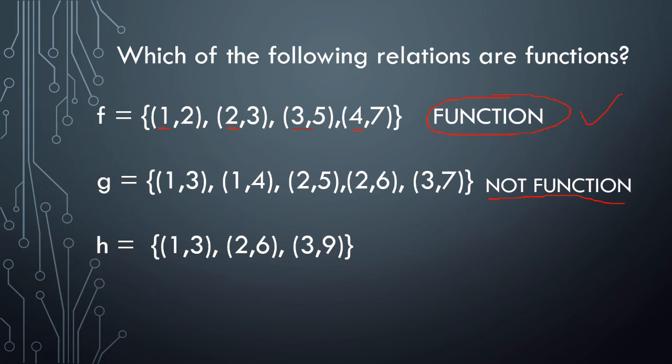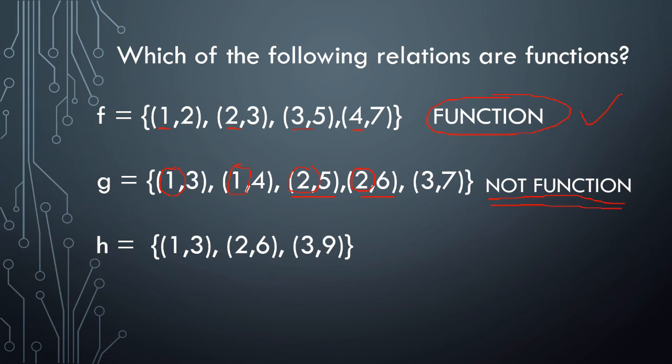The ordered pairs (1, 3) and (1, 4) have the same x value, 1. Also, (2, 5) and (2, 6) have the same x value, 2. Therefore, the given relation is not a function.